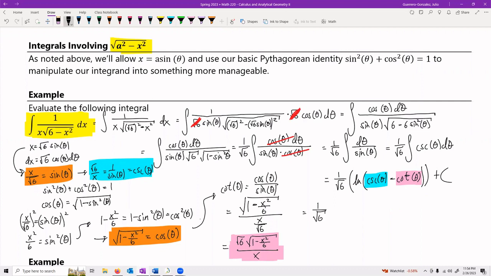Continuing on from this line right here, it's going to be 1/6 times the ln of the cosecant, which we found to be root 6 over x, minus cotangent, which we found here, to be root 6 times the square root of 1 minus x squared over 6, divided by x, plus c. We are done.